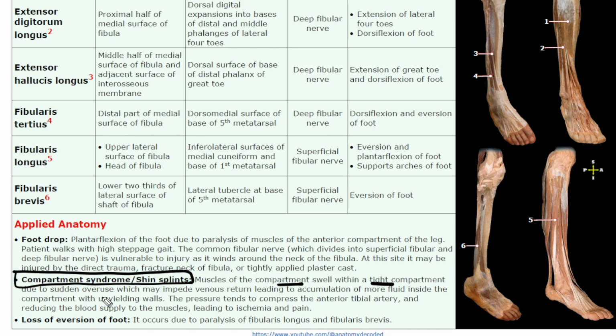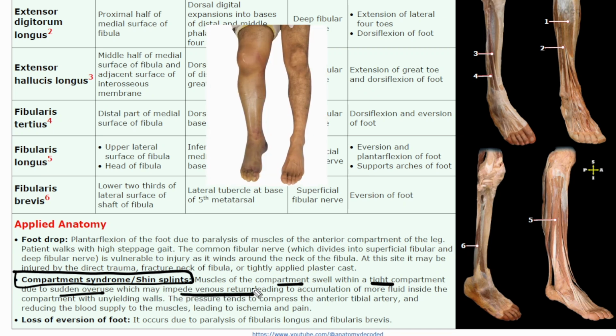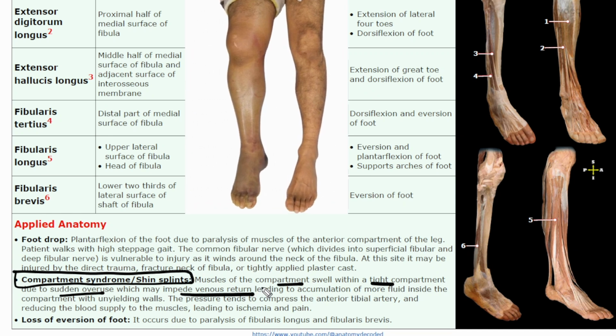So if there is a sudden overuse of the muscles of the anterior compartment of the leg, it may lead to blockage of the venous blood which is returning back. That leads to more pressure inside the anterior compartment that can compress the anterior tibial artery, which can reduce the blood supply to the muscles, leading to ischemia and pain. This condition is referred to as compartment syndrome.